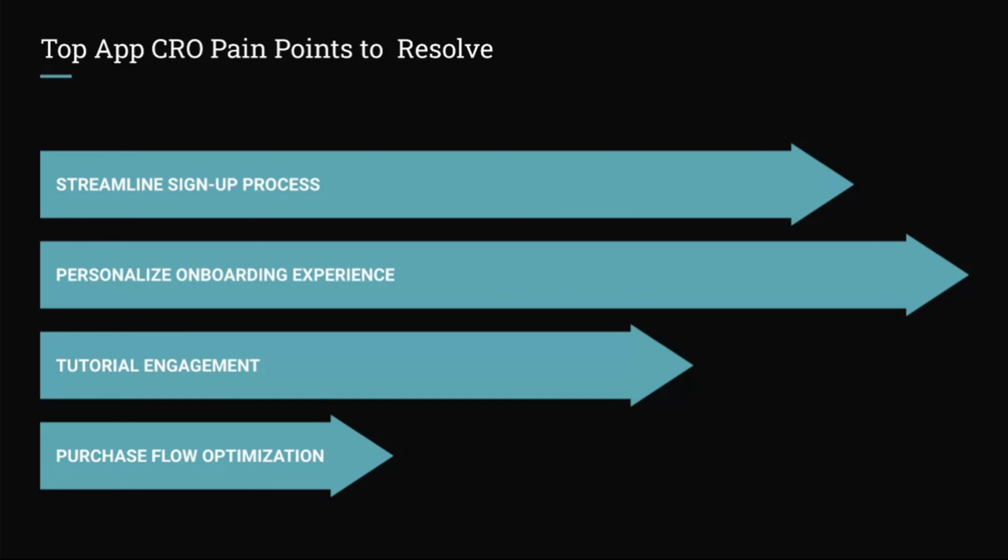And then once they get into your app, if it's more complicated, you're going to potentially have to add tutorials or in-app messaging to make sure that the user understands what your app's about and what the features are for and how to use those features. And then as you move towards the monetization side of the flow, make sure that purchase flow is optimized. A/B test price points. There's all kinds of things you can do at each of these stages to optimize your ROI.